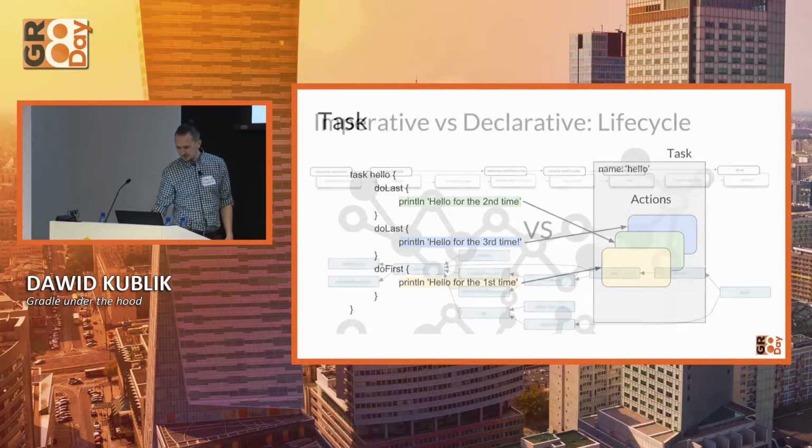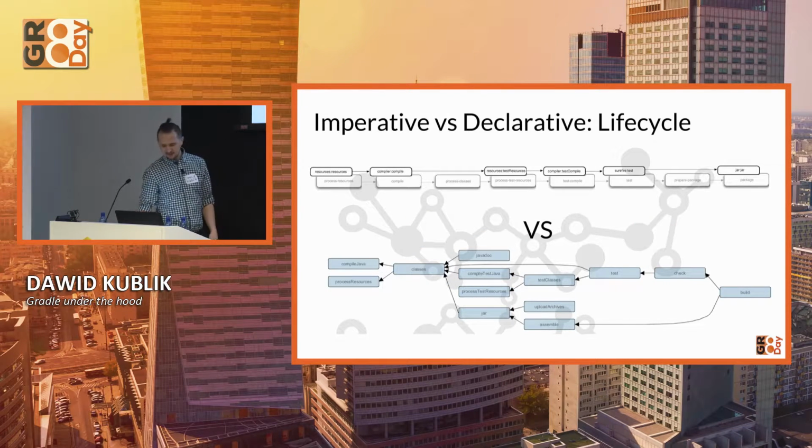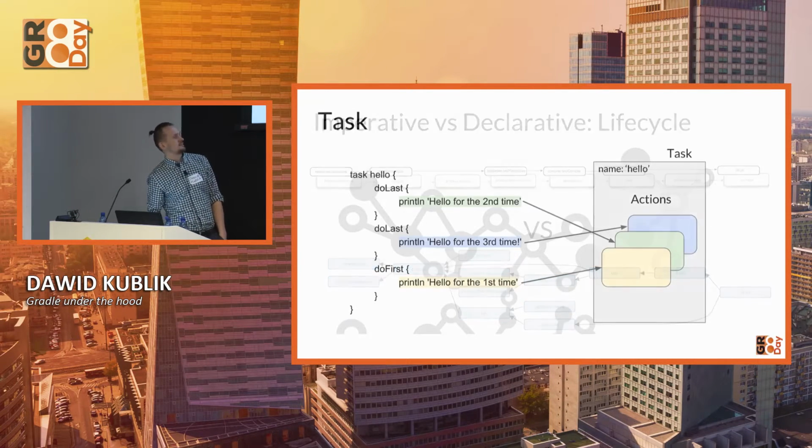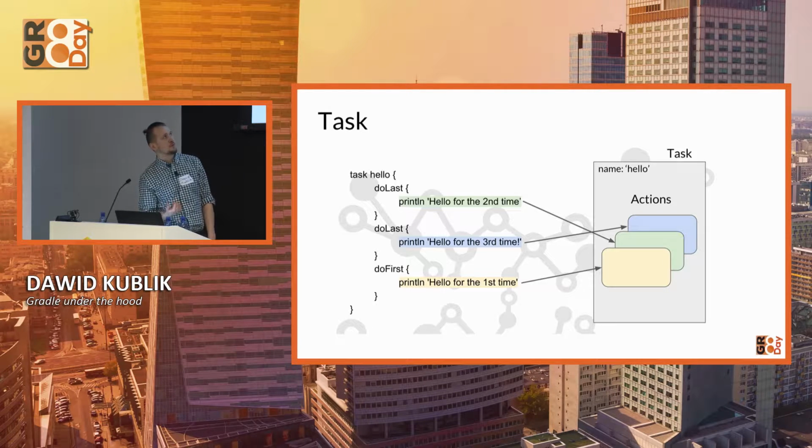For example, in the Gradle plugin, tasks can compile some sources, tasks can test some classes, tasks can make some jars, but they can do many other things, for example, packaging, copying, and even a simple thing such as just printing a message.